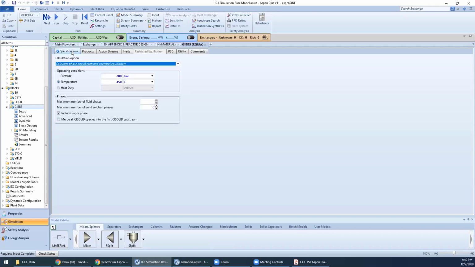Any questions on Gibbs? Sorry, you already explained temp approach, but I didn't quite understand. Is it the temperature it's approaching from, or the temperature at equilibrium for the temp approach? It would be basically the temperature difference that would be required for convergence. So the analogy would be with the heat exchanger, your minimum approach temperature, which is going to be about 10 degrees C, maybe 20 degrees Fahrenheit.